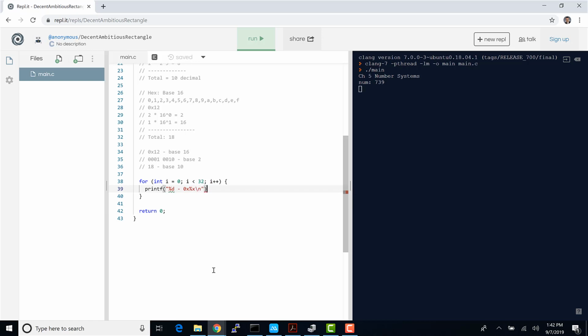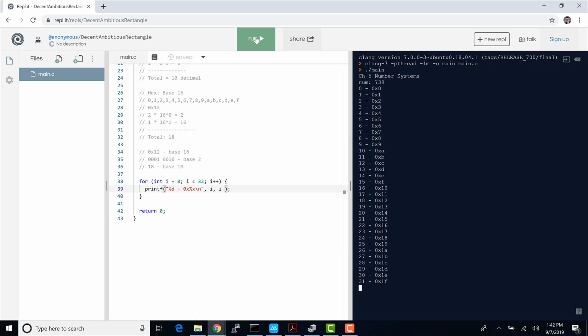And notice the convention again for printing out a decimal value we know is %d, but if I want to take that same value and print it out as hexadecimal, I use %x. So here I'll print out the value of i basically 2 times. Once I will print it as a decimal, and the other time I'll print it as a hexadecimal. And let me run this.